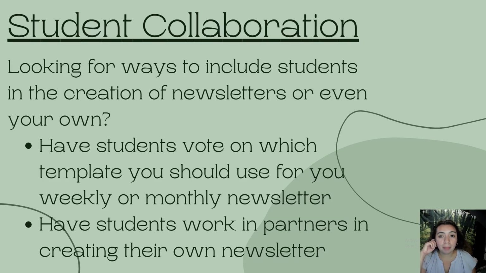So maybe you can pick 2 or 3, maybe 4. And you can have students each week or each month have a vote and decide which one they like best. Or you could have them vote in the beginning of the year on one set layout for newsletters that you can use all year. It really depends on your preference.